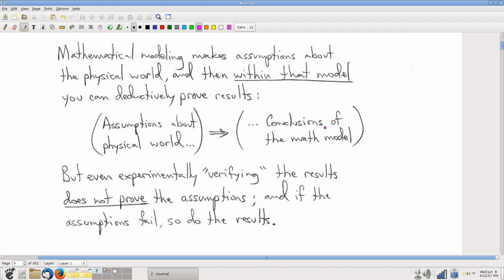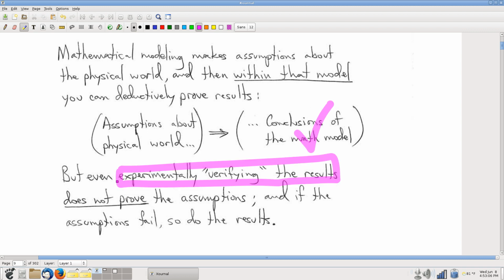But keep in mind, even if the conclusions of the mathematical model are verified, it does not go backwards to prove the assumptions that you've made about the physical world.